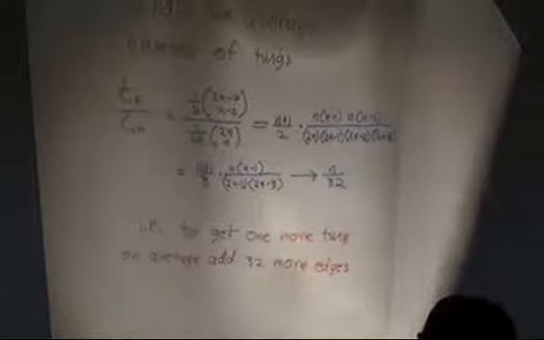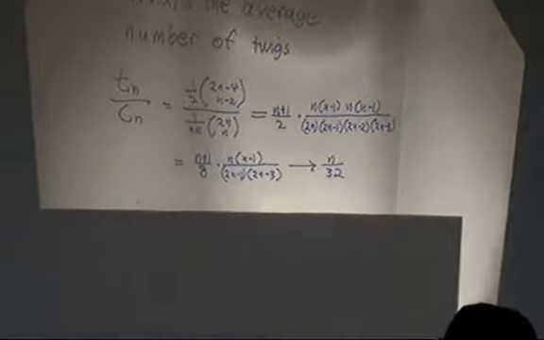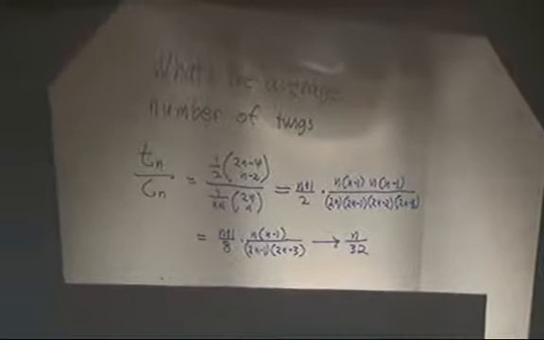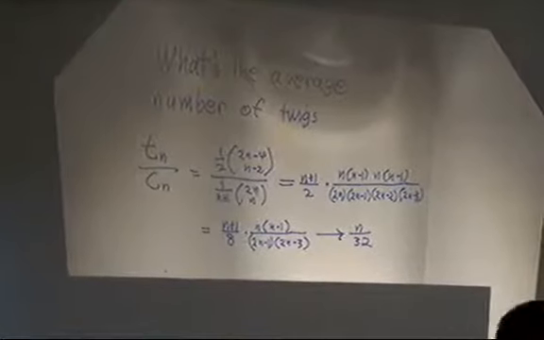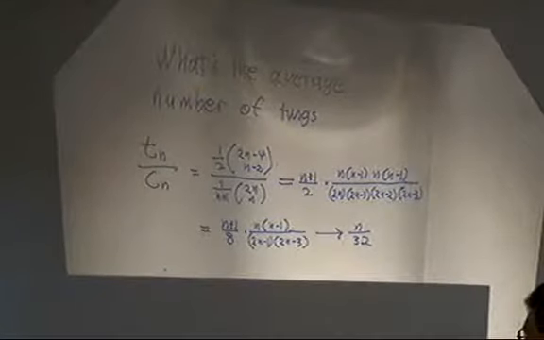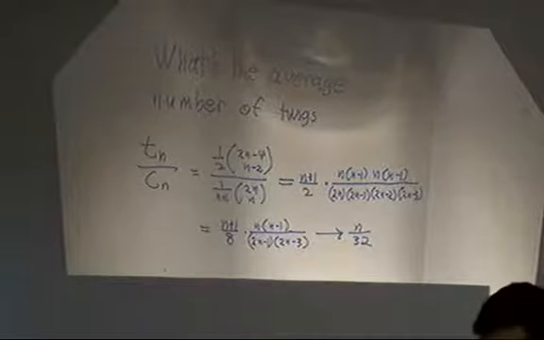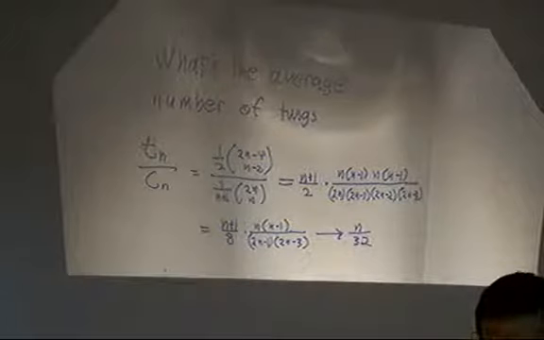Let's think about this a little bit more. What's the average number of twigs? Well, this ratio, as n gets large, is n over 32. This result surprised me when I first thought about it, I don't know, 3 months ago. What does it mean?